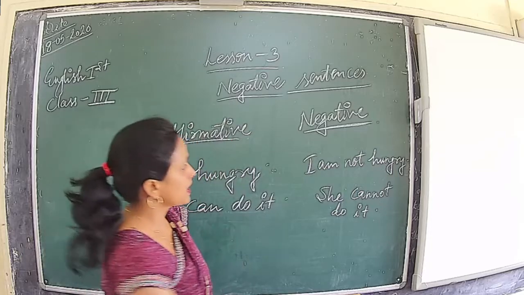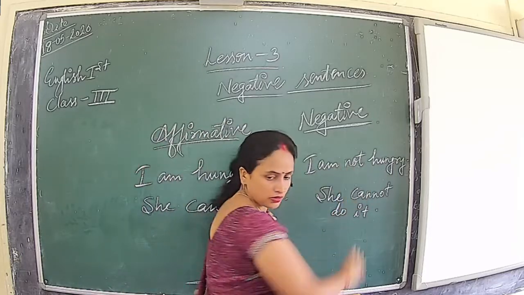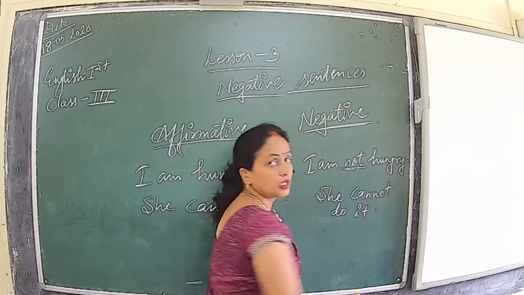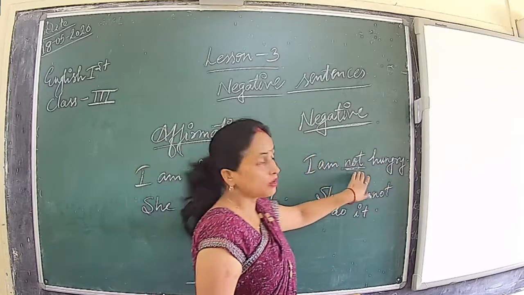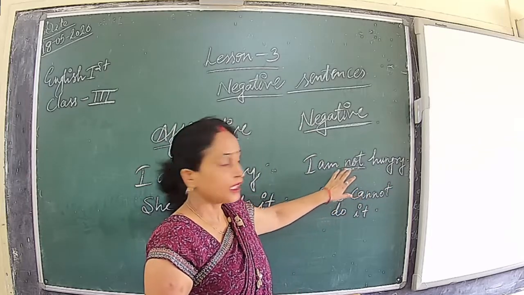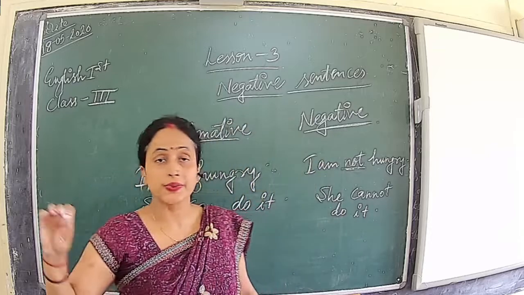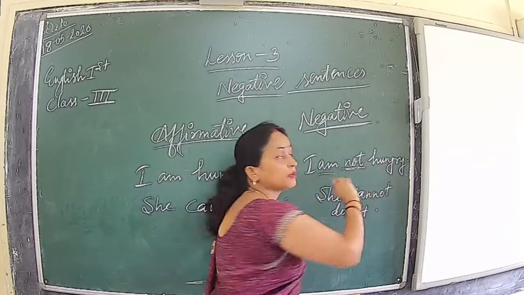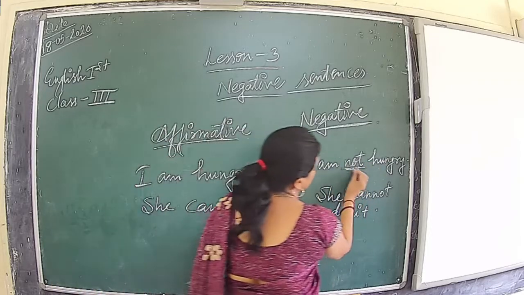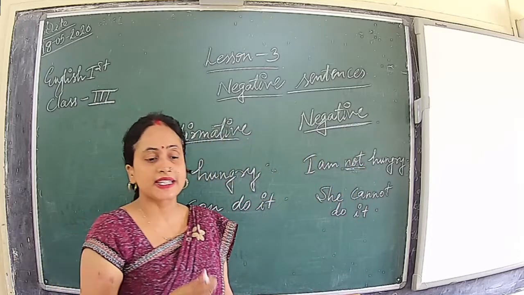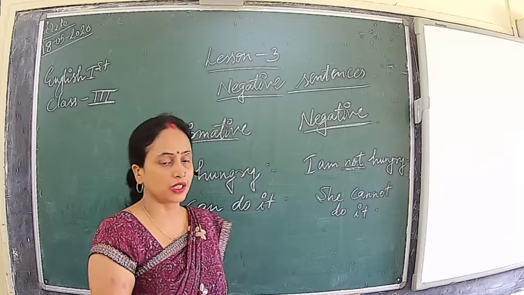Here we are using not, and am is a helping verb. After the helping verb, we are using what? Not. And when you are using not, it is what? A negative sentence. I am not hungry.